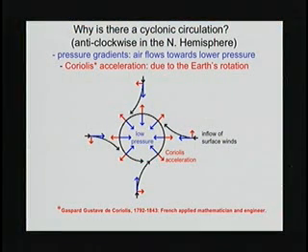Now, the question then is, this happens a lot. There are lots of low-pressure regions in the atmosphere. Why does a low-pressure region like this, with this anti-clockwise circulation, develop into a hurricane? I think you all know from press reports that hurricanes are associated with warm ocean waters.